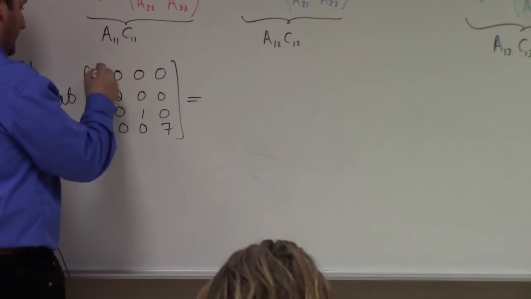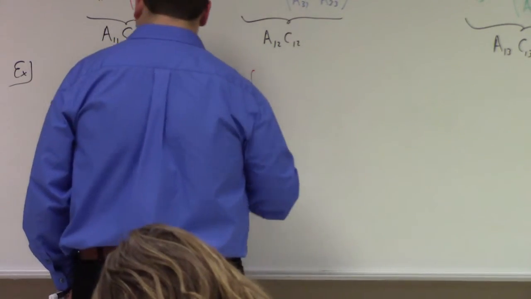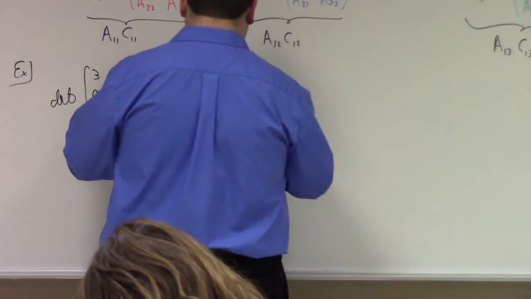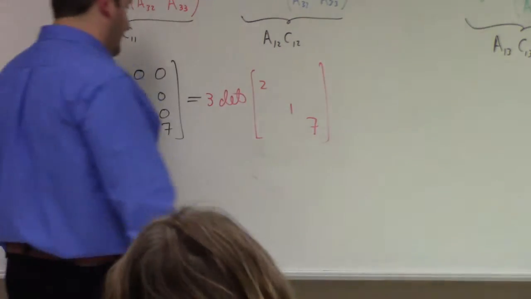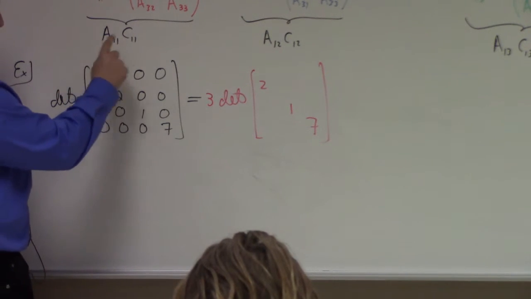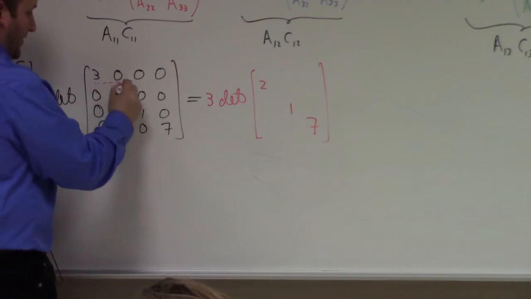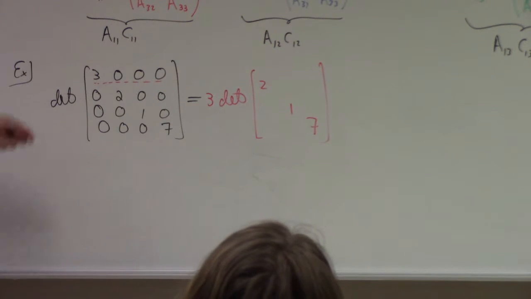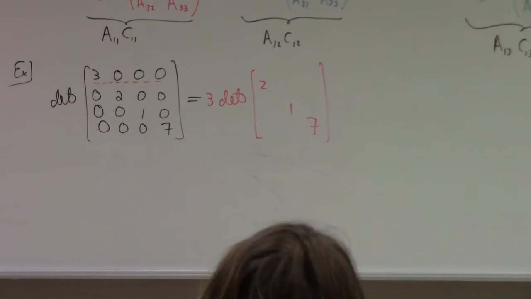I'll expand across the first row. So I get 3 times the determinant of what? And that's it, because you see the A12 and the A13 and the A14 expanding across the first row, well, the others are 0, right? So the first row expansion just produces that.